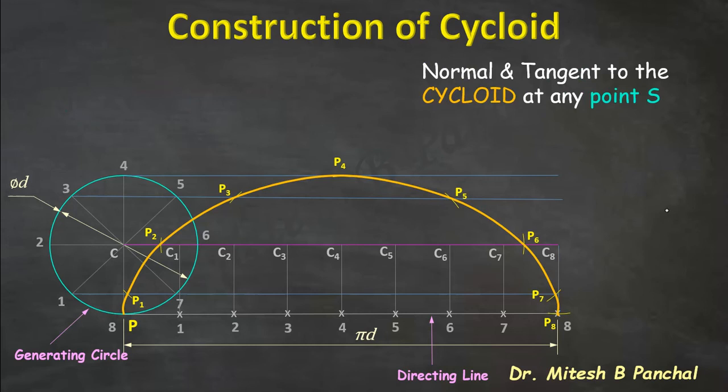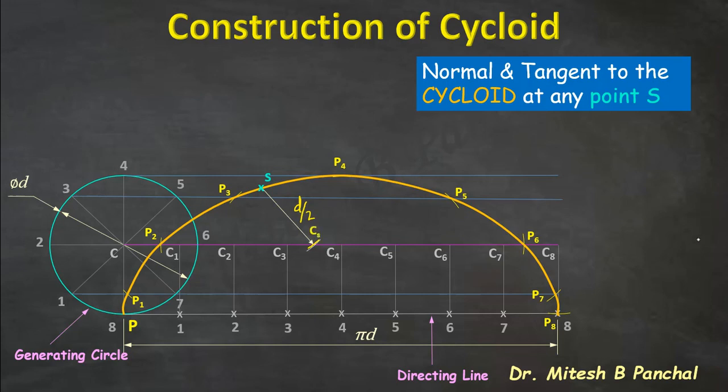Now we will see how to draw the normal and tangent to the cycloid at any given point S. First mark that point S at the given position on the cycloid. Now from this point S, draw an arc of radius equal to d by 2, the radius of the generating circle, on the locus of center, so we can obtain the point CS.